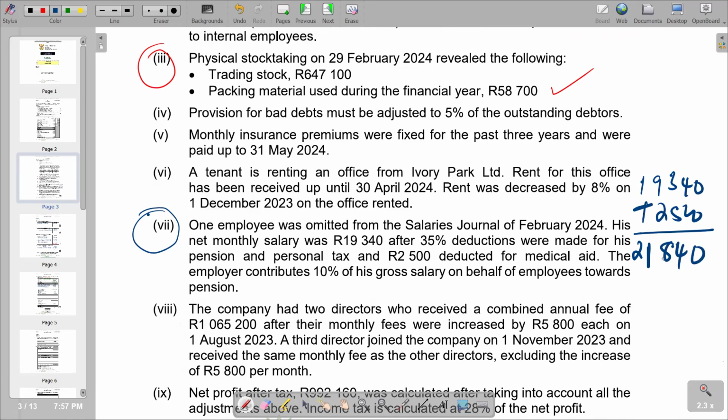So 21,840 indicates now the other part besides 35%. So if you say this proportionate percentage of 21,840 plus 35% will get you 100%. So in other words, the representation of our 21,840 is 100 minus 35, which we are going to get as 65.